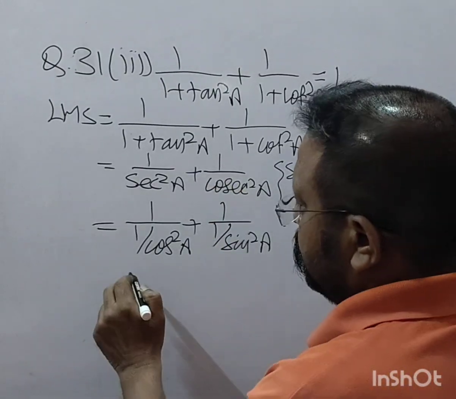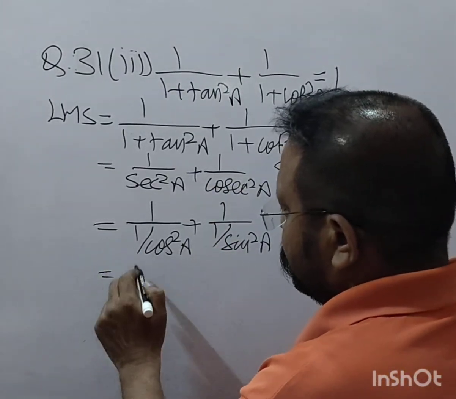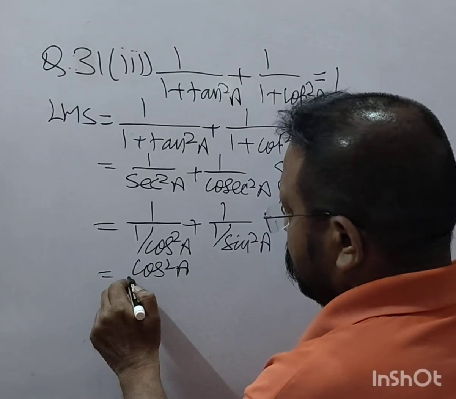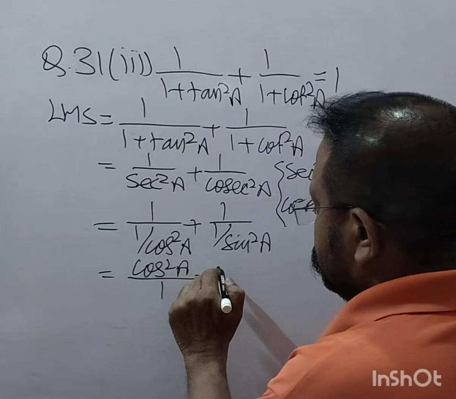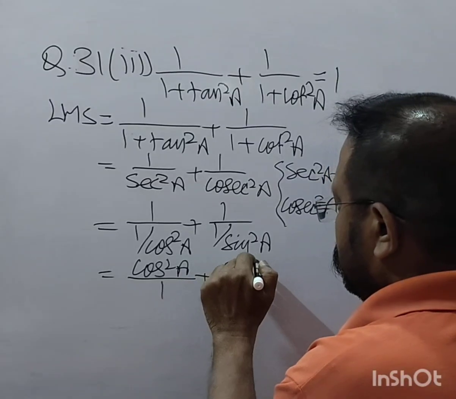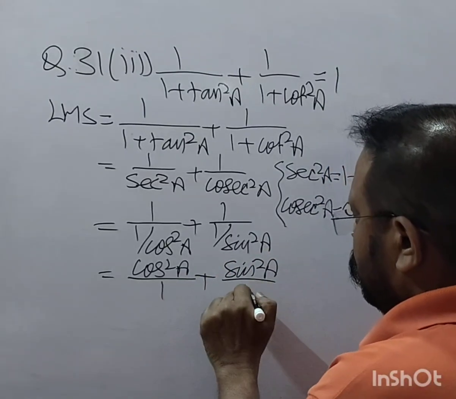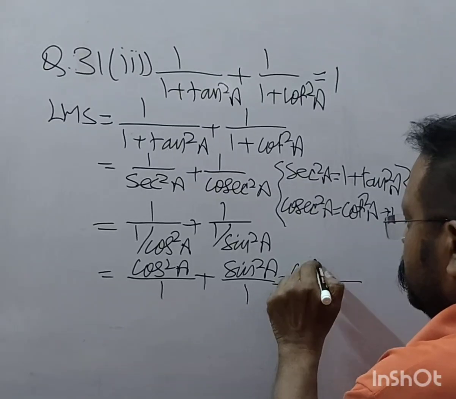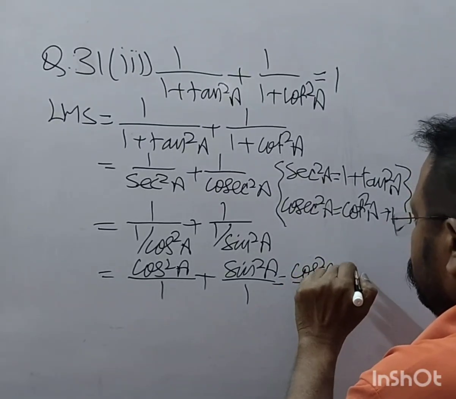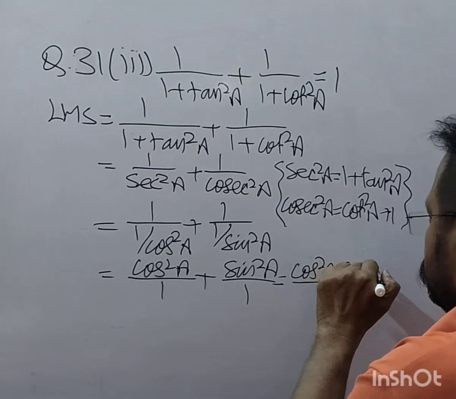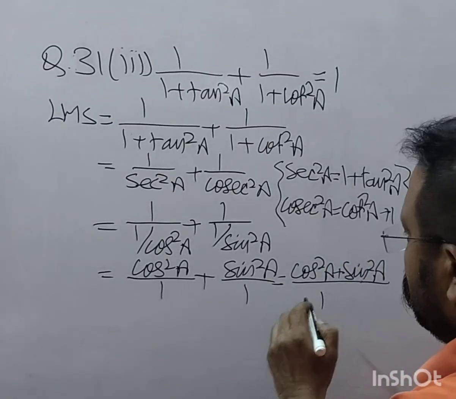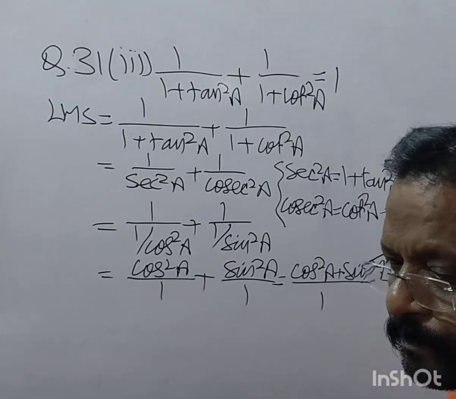They go up, then what happens? It is cosec square A upon 1 plus sin square A upon 1. Taking LCM, it is cosec square A plus sin square A. Get it? Yes, sir.